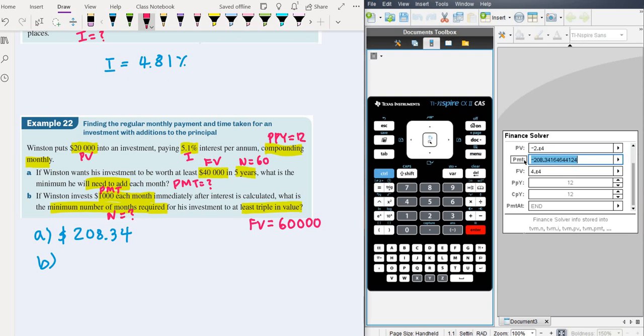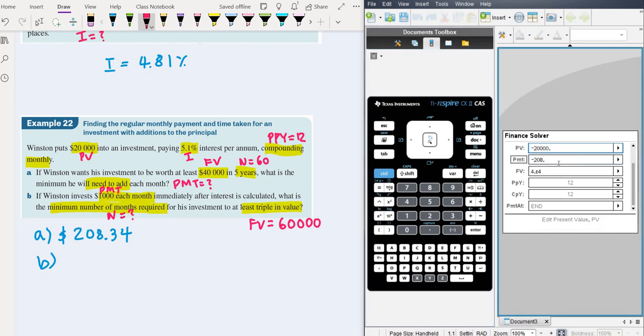So we need to change a few things here. N is something we don't know now. I is the same, present value is the same. Payment we know is now 1,000. Future value, we want it to be 60,000.